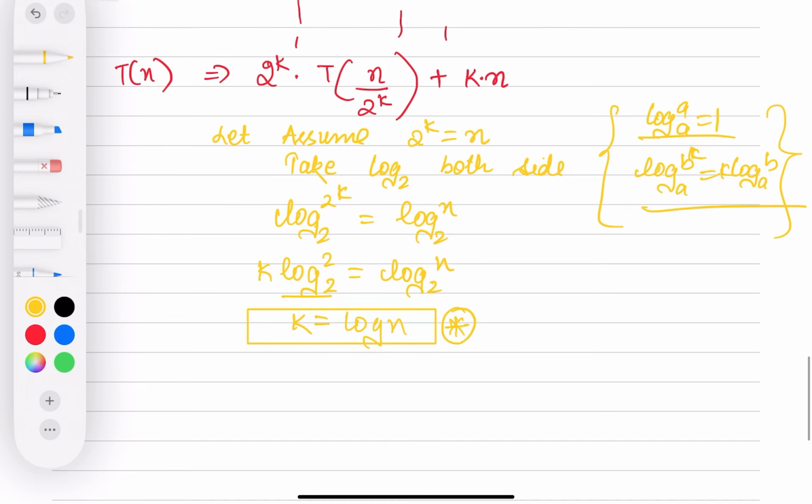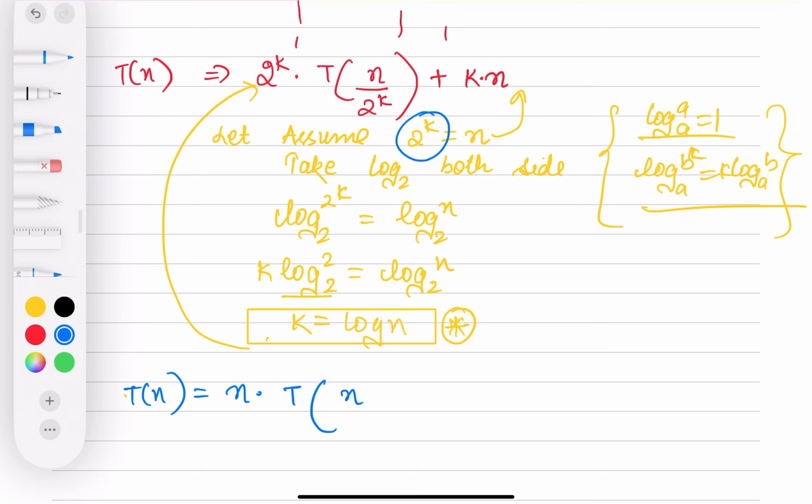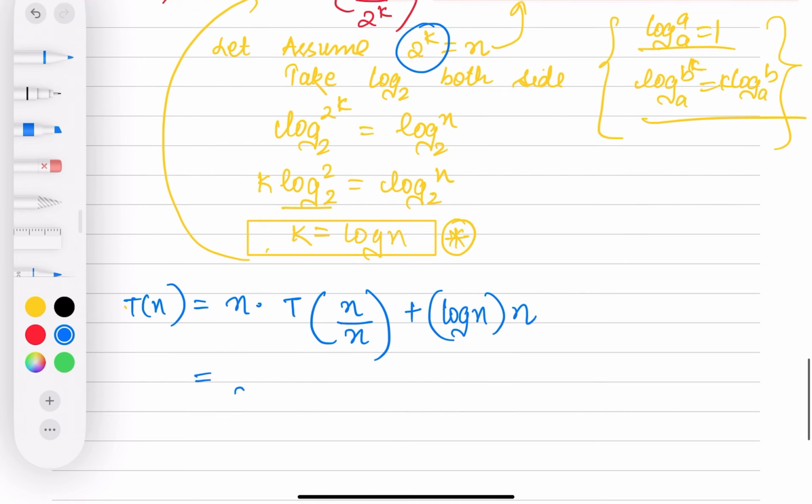So I will save this result, so this result will help me. Okay, now let's put this result here. What you get is t of n: 2 power k is nothing but n, so n times t(n/n), plus k is log n multiplied by n.